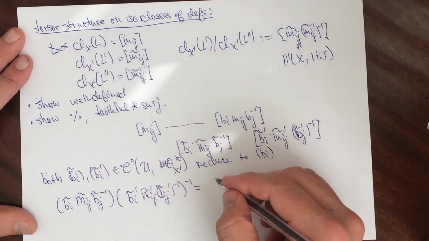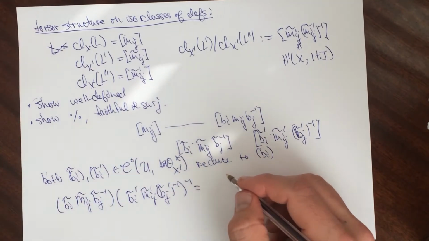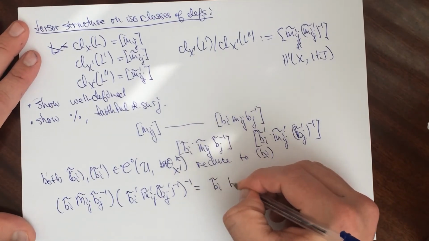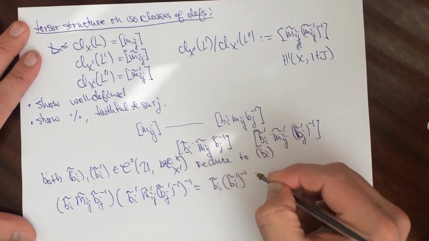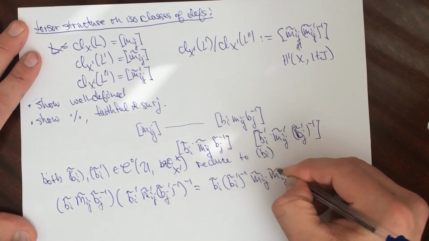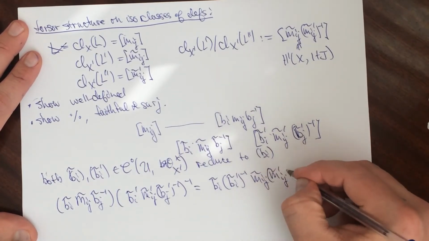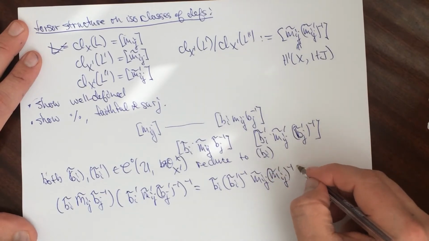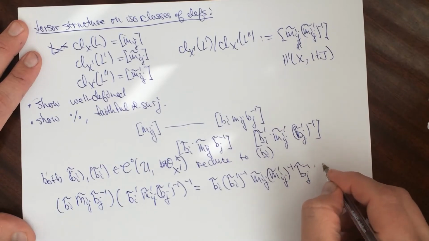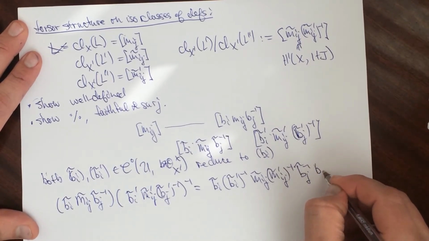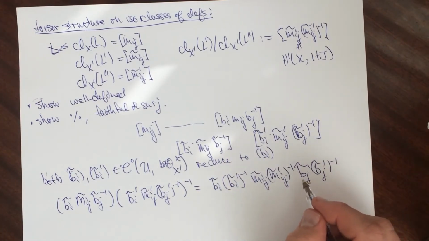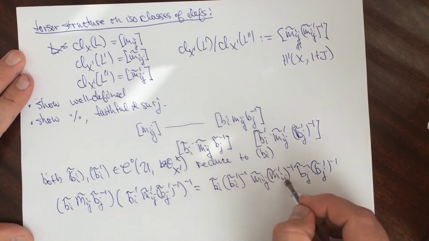Now we're going to use the commutativity of O_X prime times strongly here. And we're going to say that this is bi tilde prime inverse, and here Mij tilde prime inverse, and then we have bj inverse bj tilde, and then bj prime tilde inverse. And now we see that we have our old guys here.